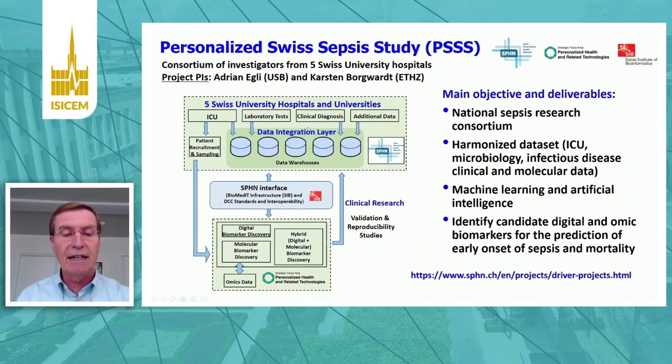This is put in a data warehouse. We use algorithms, artificial intelligence and machine learning to try to define the sepsis phenotype. And we are also using omics data to try to define endotypes more precisely. And this is an exercise that is going on.